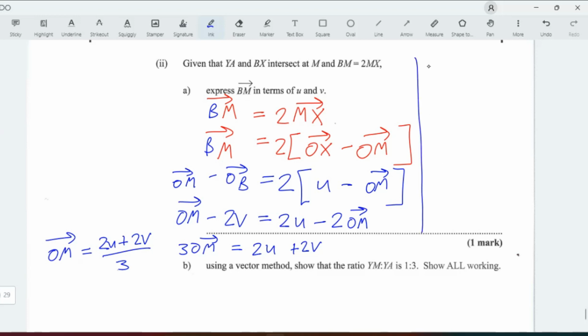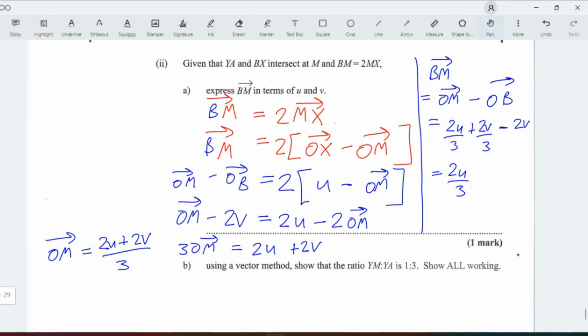Now we can go ahead and tell them what BM is. BM, which is OM minus OB, is just going to be OM, which is 2U over 3 plus 2V over 3, minus OB, which is 2V. So vector BM is 2U over 3, then 2 over 3 minus 2.